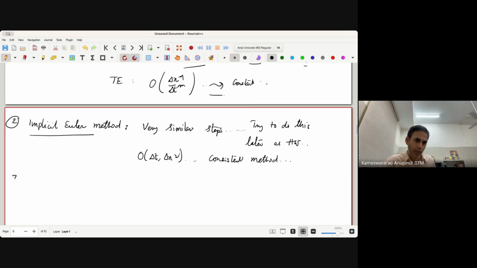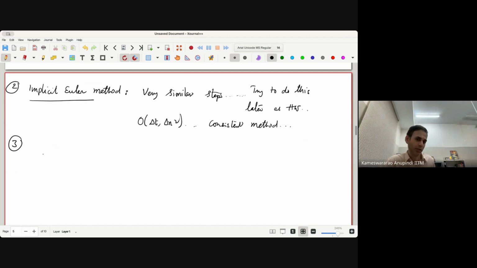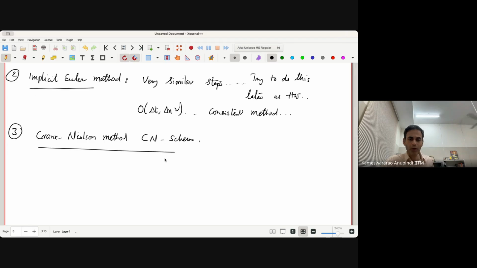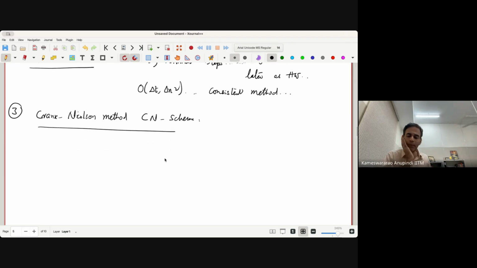Now let us look at the third scheme that we have learned, that is basically the Crank-Nicolson (CN) scheme. What was the first step in working out the truncation error? It is using the scheme to discretize the governing equation. That means we will write this governing equation, which is given as dou u by dou t equals alpha dou square u by dou x square.